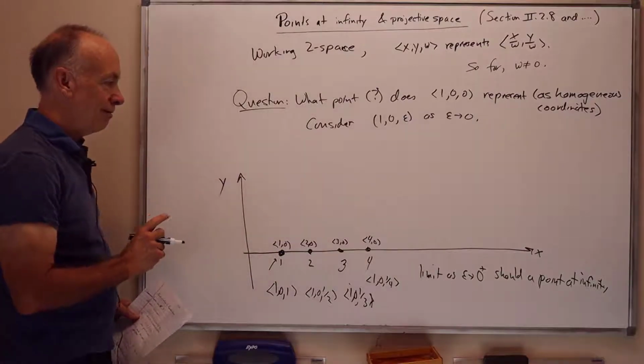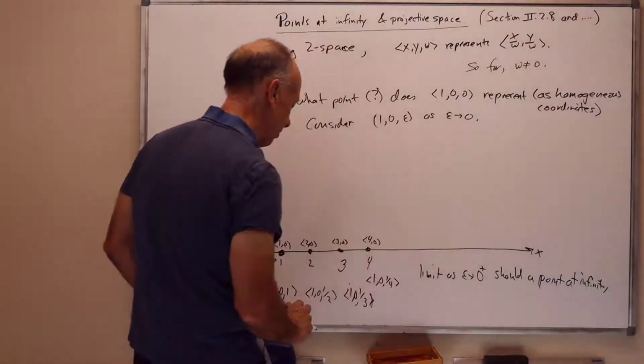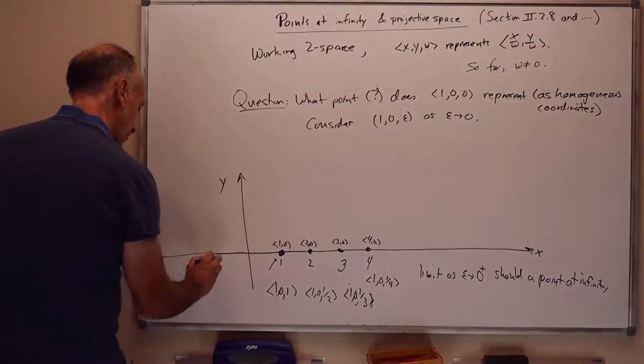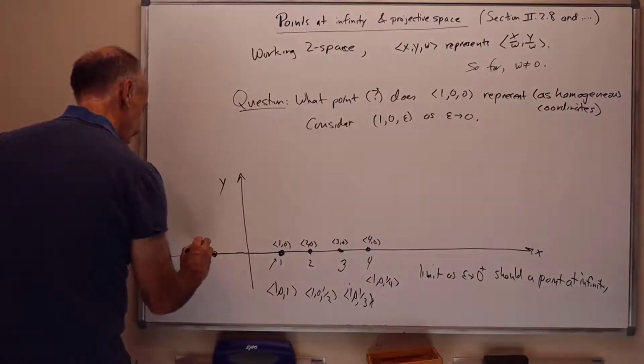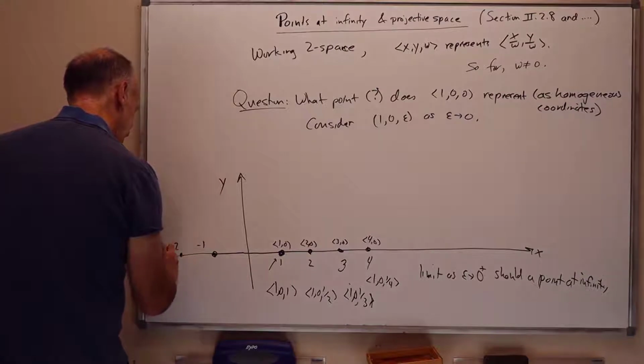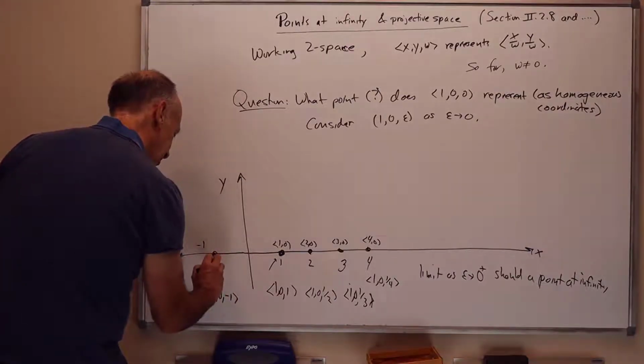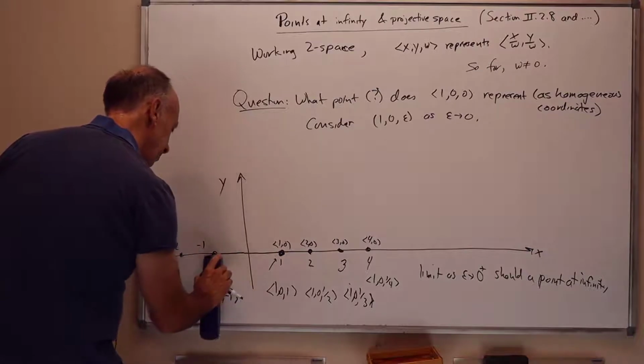But wait, we only did epsilon positive. What if epsilon is negative? So, well, here's negative 1, x equals negative 2, negative 3, and so forth. And the point 1, 0, minus 1 represents minus 1, 0.